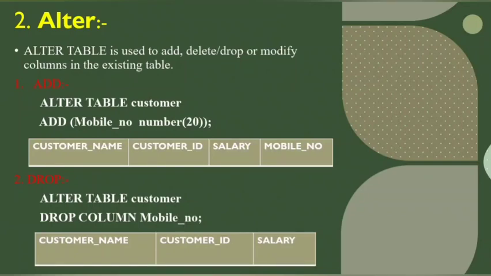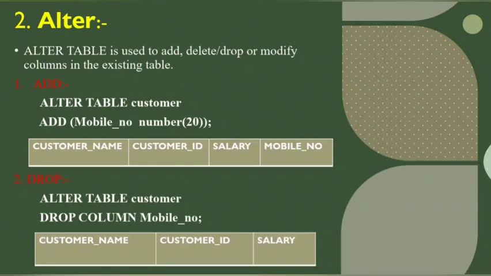If you want to drop the column, you need to use the alter command. Before, I have added the mobile number. Now I don't want mobile number in my particular table customer. So what I need to do? I need to remove it, which means I need to drop it, delete that particular column.